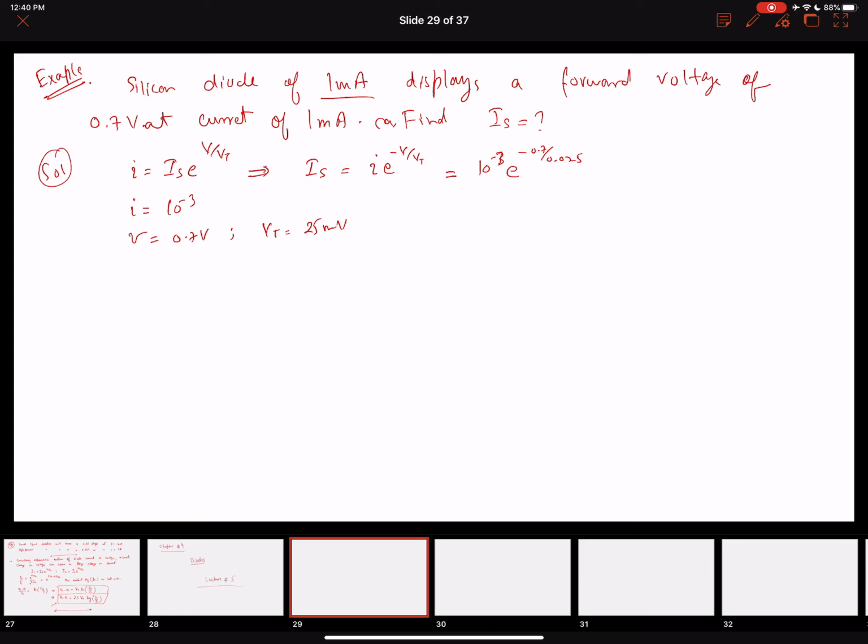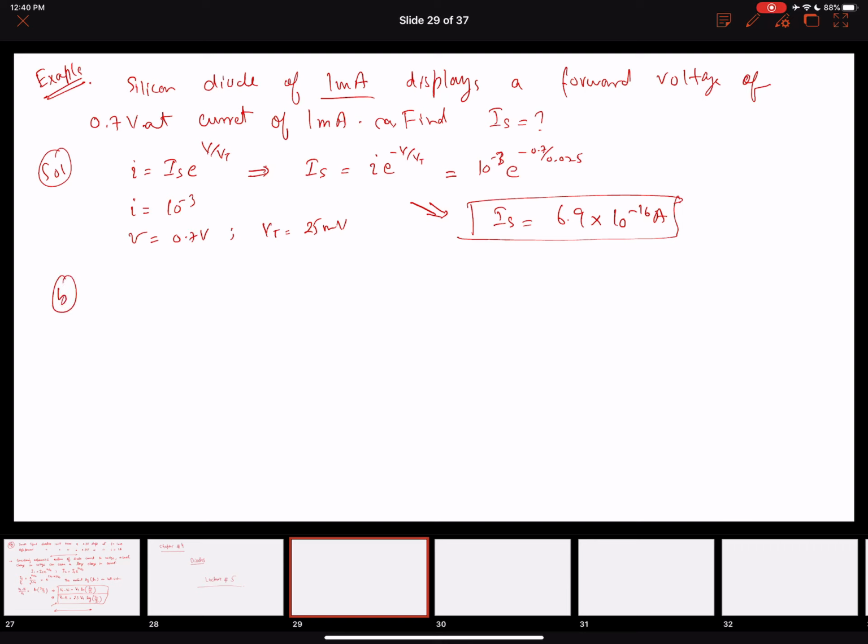If we solve this, we're going to come across Is equals 6.9 times 10 to the minus 16 amperes. So this will be the scaling current, the saturation current that will be flowing in addition to the diffusion current when the conduction starts to happen at 0.7 volts in the forward bias condition.